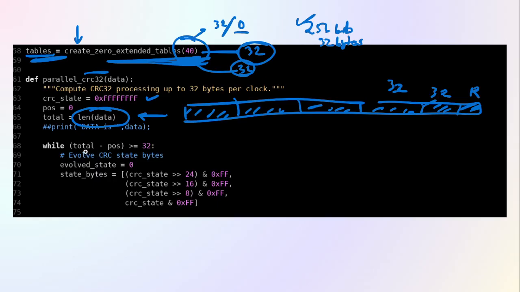Now, this loop keeps going. Most of these loops assume that you still have 32 bytes remaining. So if the remaining bytes is greater than 32, then that's good. If the remainder bytes is less than 32, then that means you're on the last clock cycle and you will use a different algorithm. So if it's not the last clock cycle, like I've showed you, you'll figure out the state bytes first.